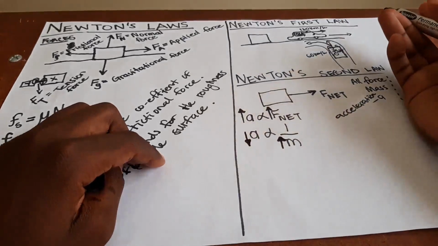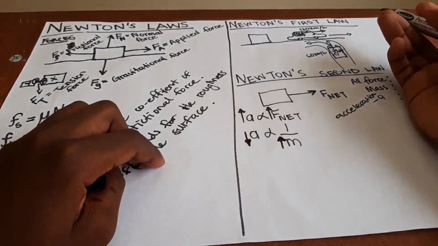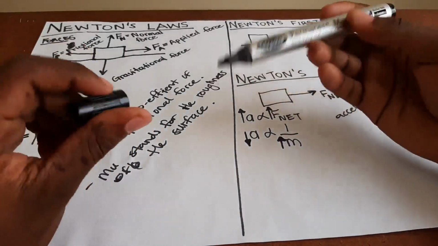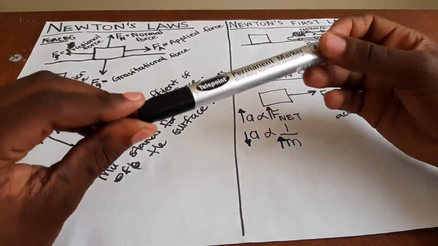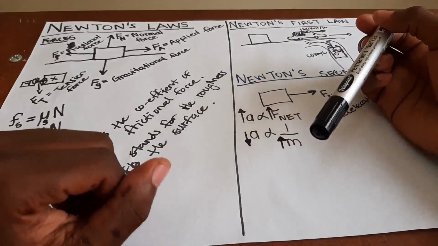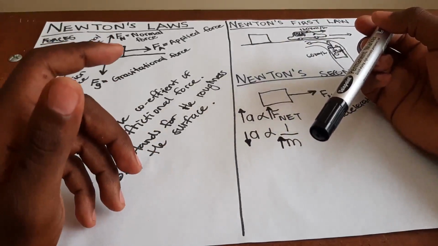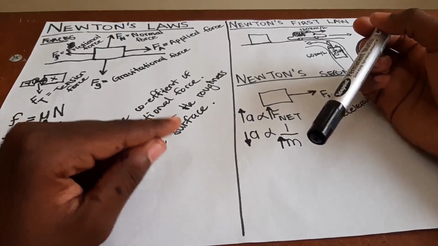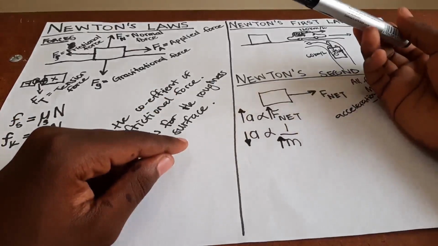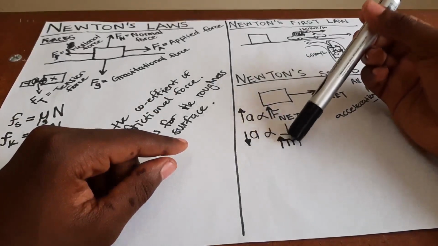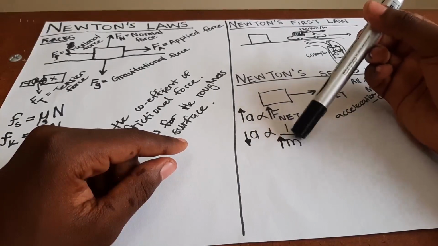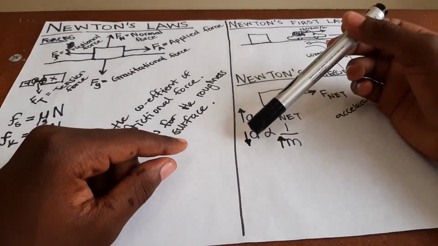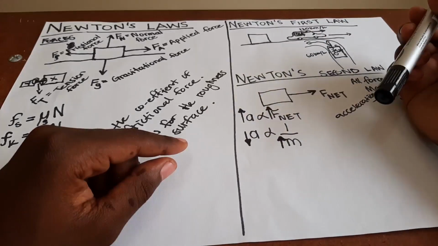If the mass of an object is high, the object is heavy, and if I'm pushing this object, it will move slower. That's why the acceleration is lower. But if I decrease the mass of an object, the acceleration will increase. I think you get me.